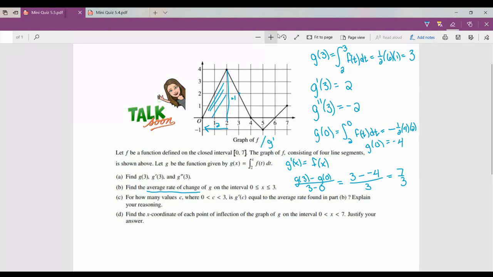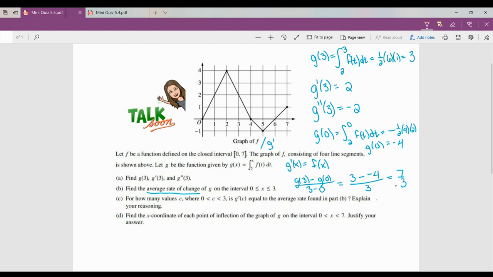I'm going to just erase my coloring in on that graph. All right, this is my graph of g prime. I'm going to use a red one so it stands out a little bit. I want to know, when does g prime, the graph, equal, when does g prime equal my average rate of change, which is 7/3.